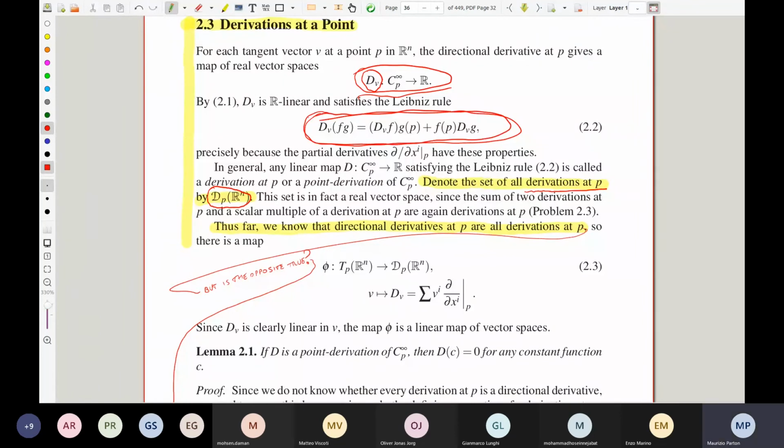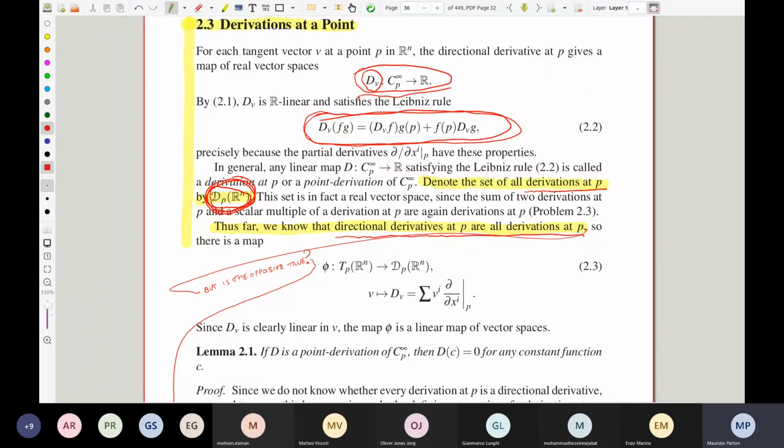Okay, and are denoted by this symbol. What I told you up to now is that a tangent vector gives you a directional derivative, which is a derivation at P, with this new definition.